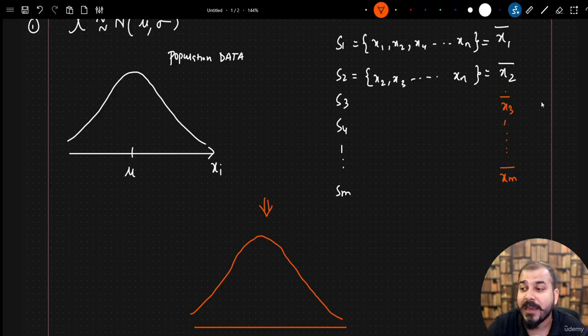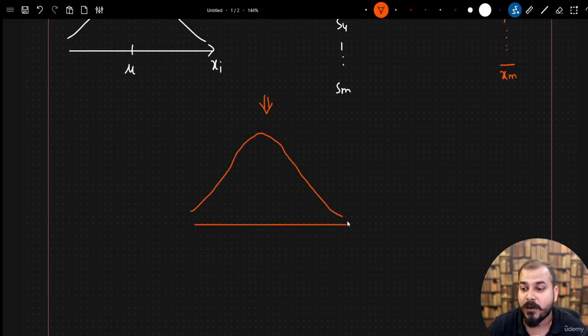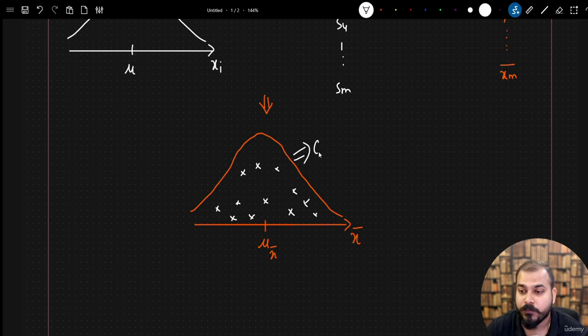Here I have the entire sampling distribution of the mean. Now I will take all these means and plot them. If we take x1 bar, x2 bar, x3 bar till xm bar and plot them, where this is x bar and this is the mean of x bar, you will see the data points falling here and there, and it will follow a Gaussian, normal distribution. I won't say probably; it will definitely follow a Gaussian, normal distribution.